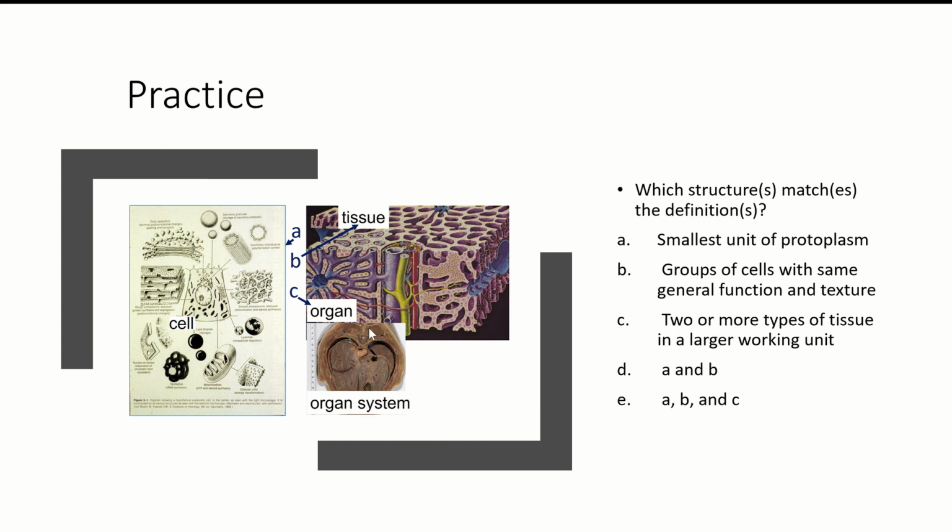And that one is correct too, right? Because remember, we said we get multiple different types of tissue together, and that's going to make an organ. Okay, so the answer for this one is going to be E. So it is going to be all the above. So all of these structures match their definitions.